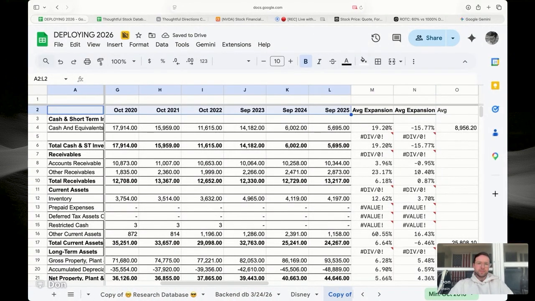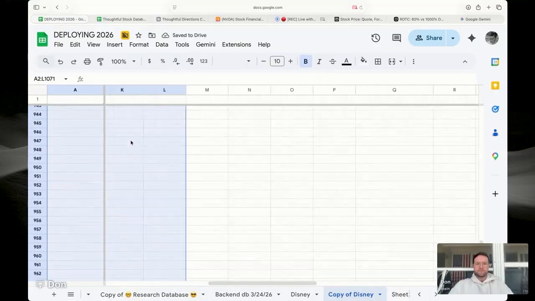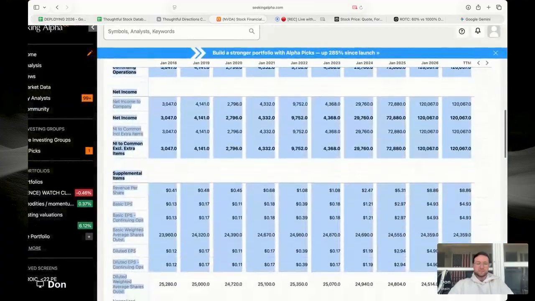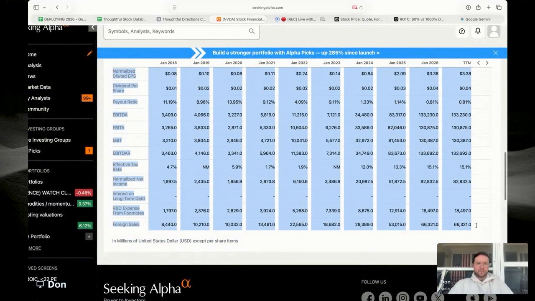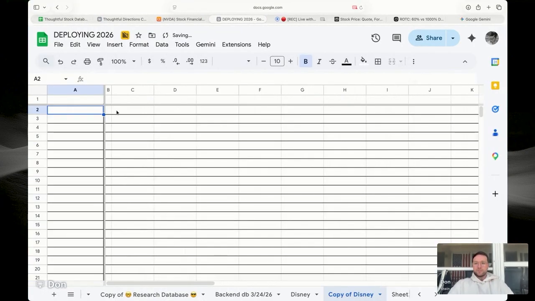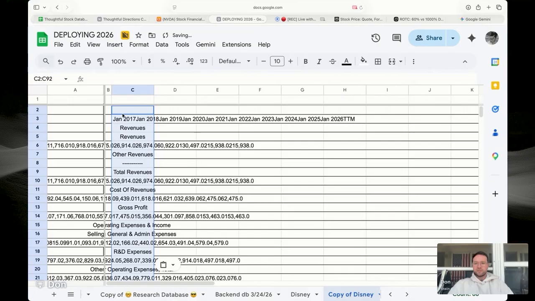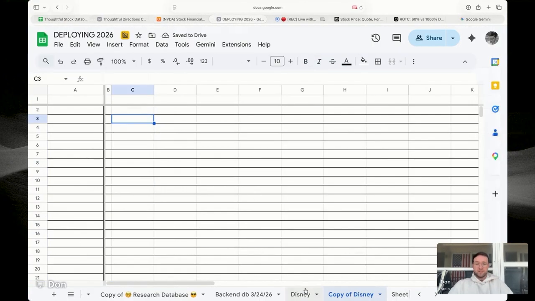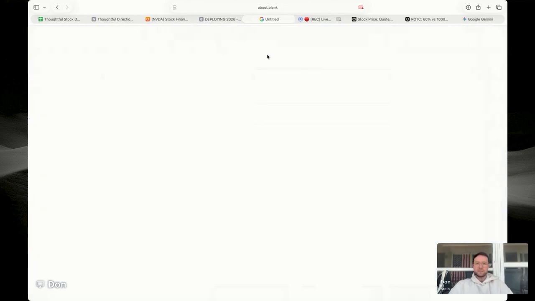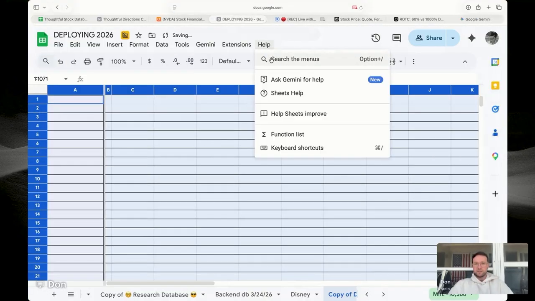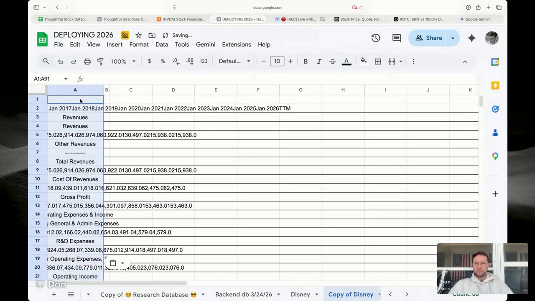So let's do it on income statement. All right, so as high tech as all this is, I literally just copy and paste this right here. All right, oops, wait, what? Why didn't it copy and paste? It works otherwise. Oh, here, let's try this. Interesting.